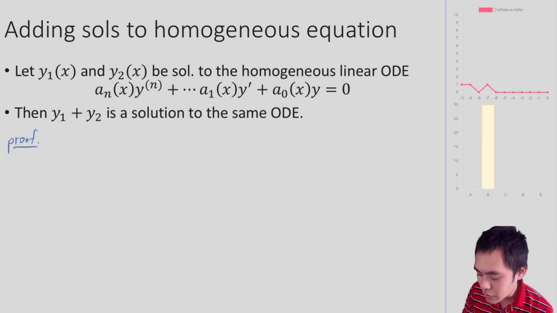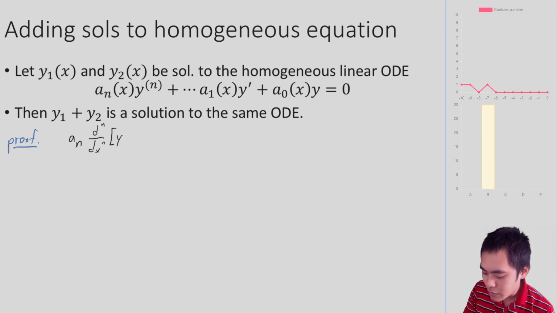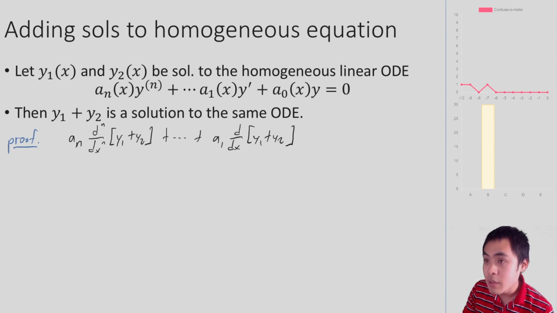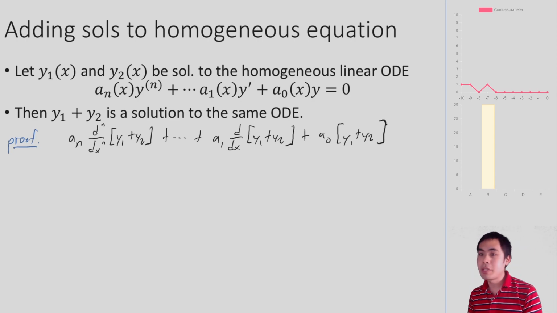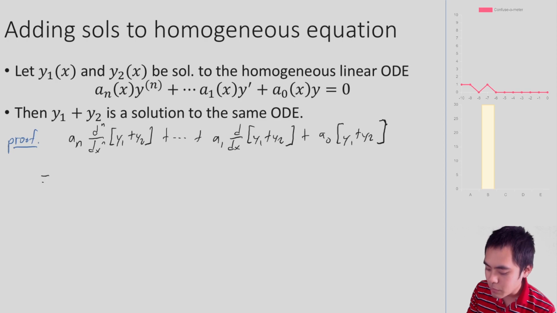If we write this out in the same way, an times the nth derivative of y1 plus y2, plus dot dot dot plus a1 times the derivative of y1 plus y2, plus a naught times y1 plus y2. We want this thing to be 0, because if it's 0, then it's a solution. So we separate this out into two pieces.